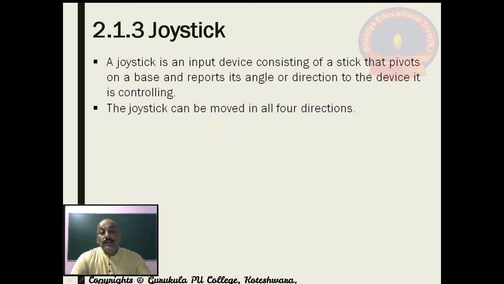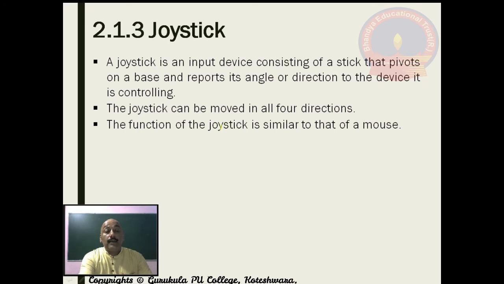The joystick can be moved in all four directions, especially while playing games like car racing. Using the joystick they turn right side, left side, forward, backward, all this is possible.